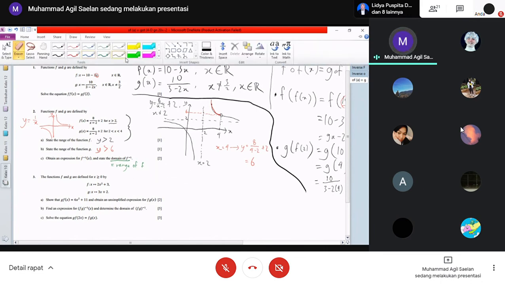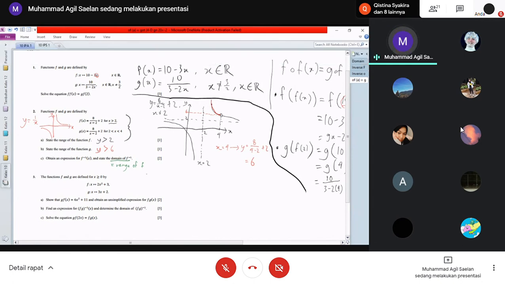Oke, saya pakai hijau aja supaya membedakan ya nomor 1, 2, 3. Part A, B, C-nya. Jadi di sini let's find the inverse by using the usual method.